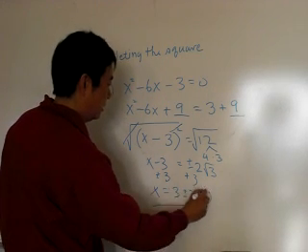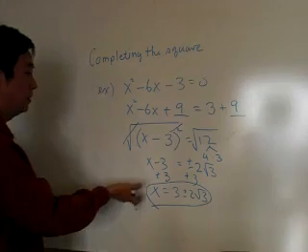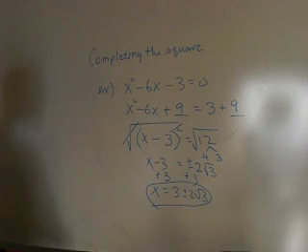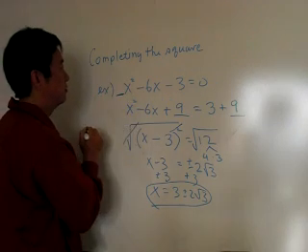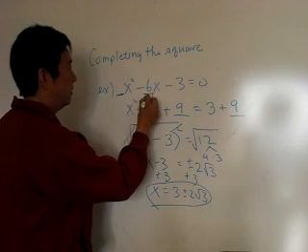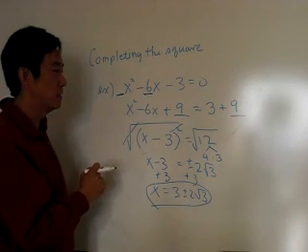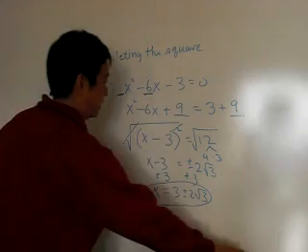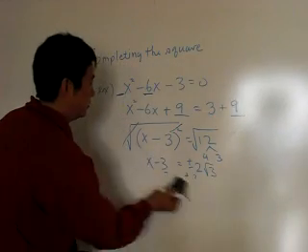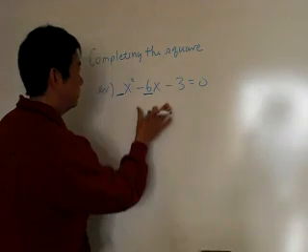That's your answer. You can use the quadratic formula, which is negative b plus or minus the square root of b squared minus 4ac over 2a, or you can just complete the square. One thing to notice is that the leading coefficient here is 1, and the middle term is even. Completing the square is a very effective and simple method instead of cranking it into the quadratic formula. So that's one way to solve a quadratic equation using the completing the square method.